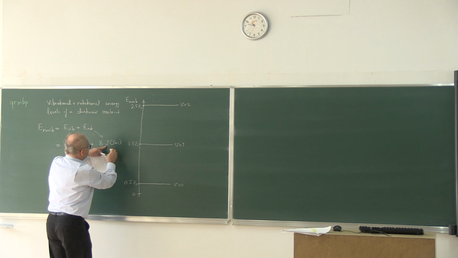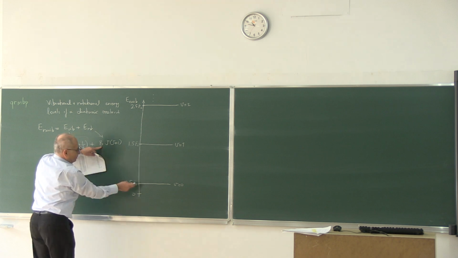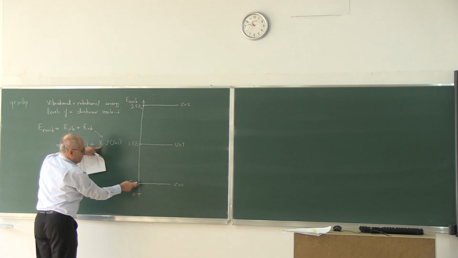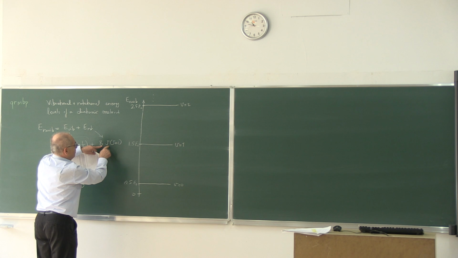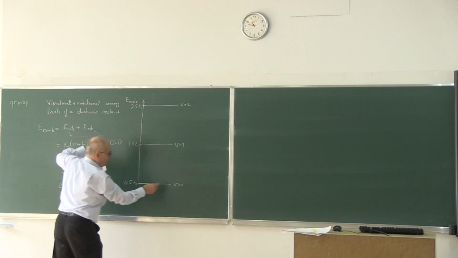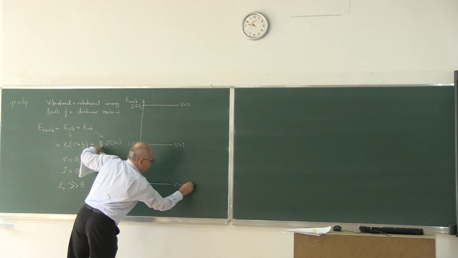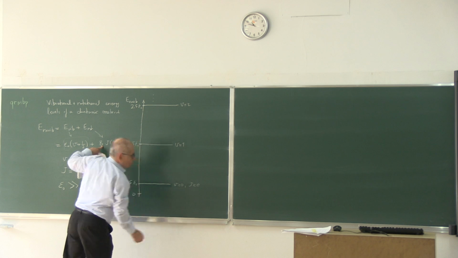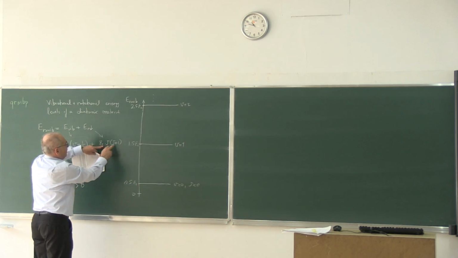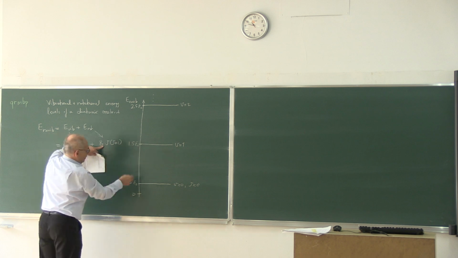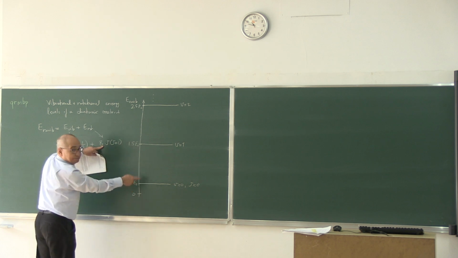Now, I'm looking at this part, this vibrational level, the ground vibrational level. For J equals 0, there is no contribution, so that this also corresponds to J equals 0. For J equals 1, we have 2 times B plus this value.